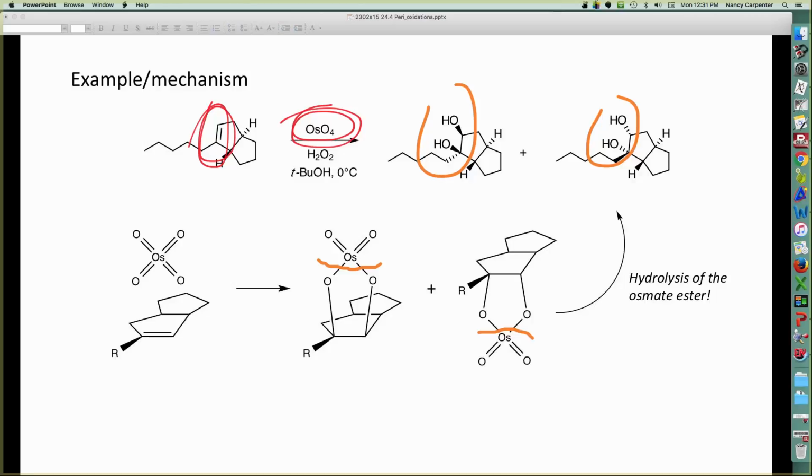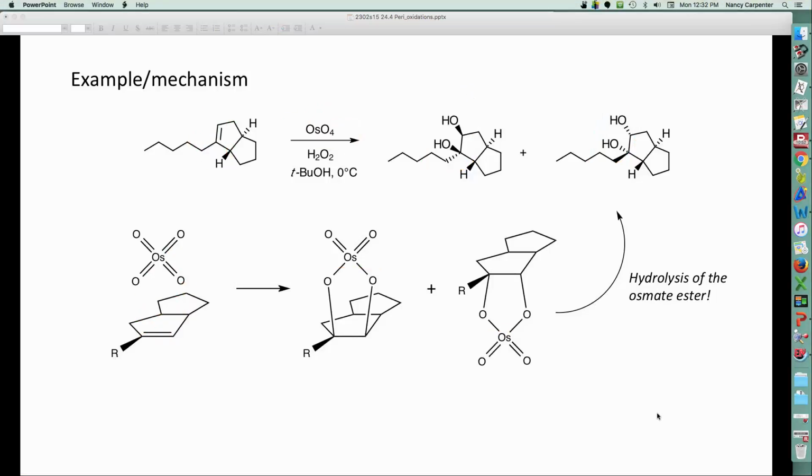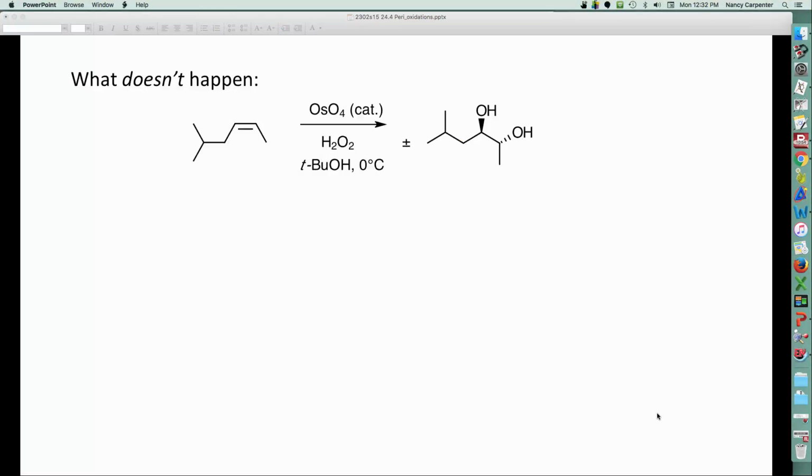And all you need to think about with the mechanism is, yes, we've got, well, let me clean that up a little bit. We've got these guys, 1, 2, 3. In one fell swoop, it happens all at once to give you the syn intermediate, which gets cleaved to the syn diol. All right, so let's hammer that home even more.